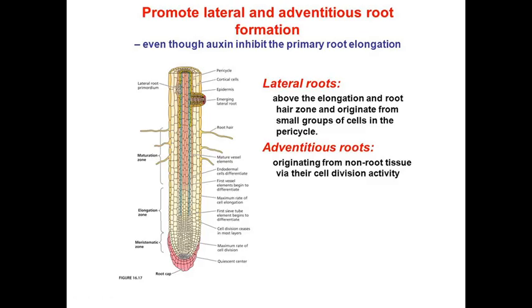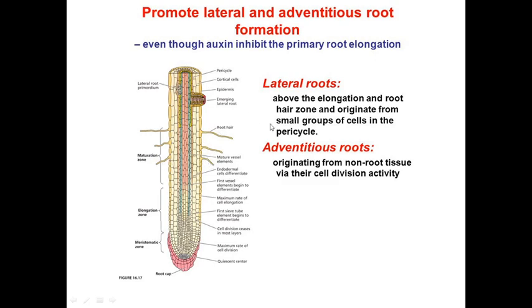And what else does it do? Auxin promotes root formation, but it prevents the formation of the primary root. This primary root, its formation auxin prevents. But it induces the formation of the lateral roots. Lateral roots are these, which develop from the primary root. This is the primary root, but auxin induces the formation of lateral roots.